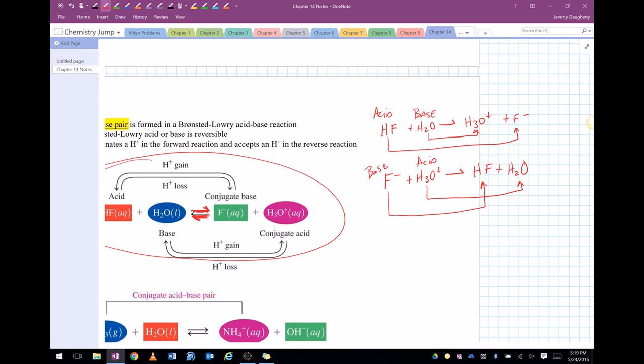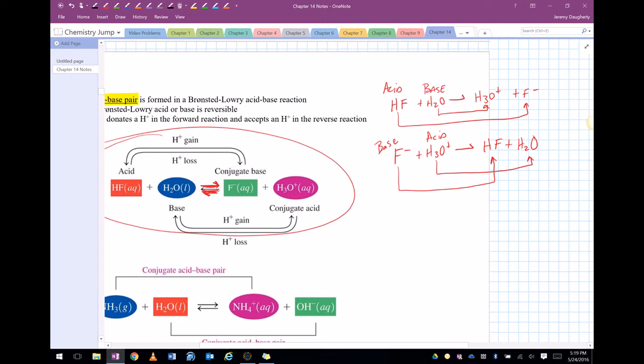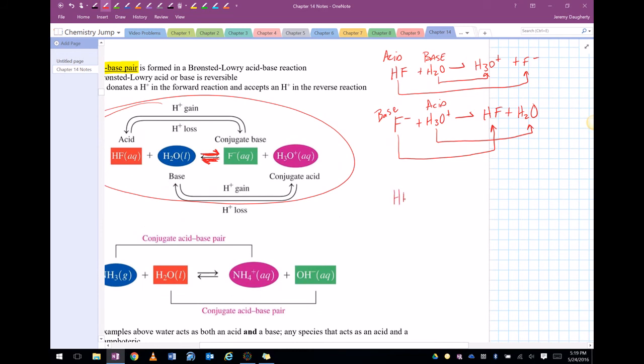Now, let me put these two together. So we got HF plus water, there's that one-way arrow, H3O plus F minus. That's reaction A right there. Now if I do an arrow down below here, I've basically written reaction B, but backwards.